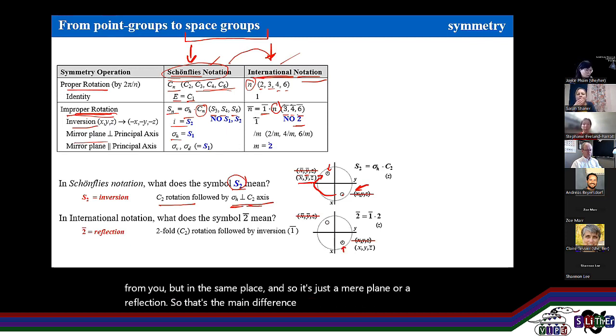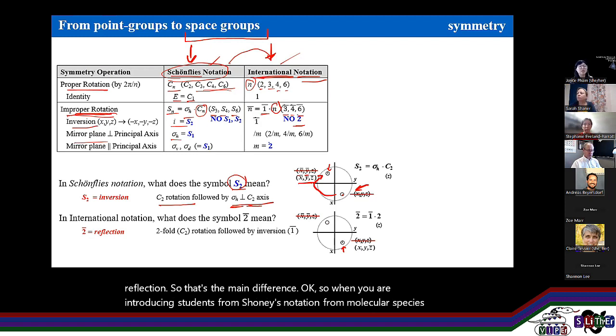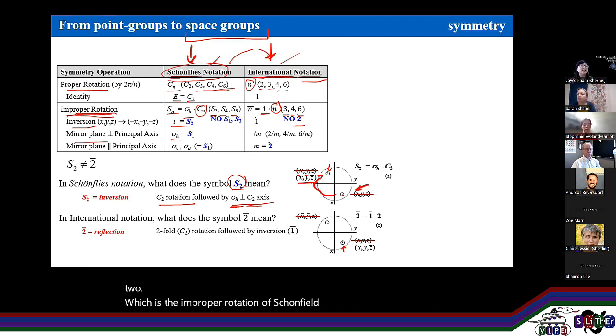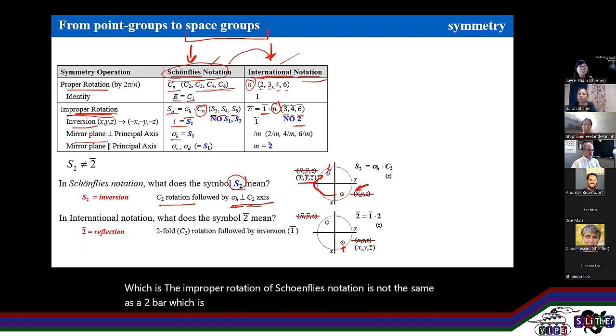So when you are introducing students from Schoenflies notation for molecular species into international notation for solids, you want to point out that S2, the improper rotation of Schoenflies notation, is not the same as a 2 bar, which is an improper rotation in international notation. That's an important part.